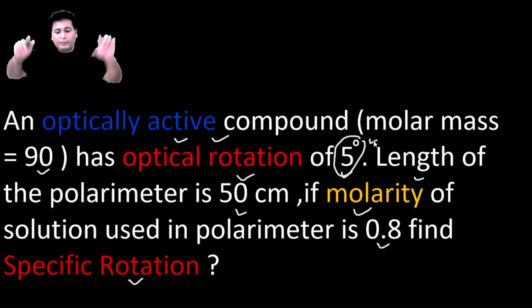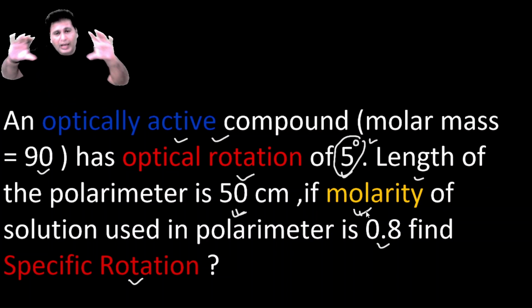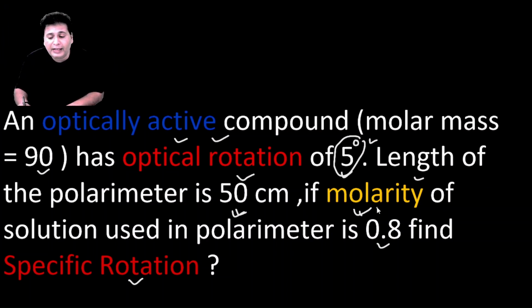The length of the polarimeter is given as 50 centimeter, and as I have already told, in the polarimeter you have to take the solution of the compound. So the molarity of the solution of that compound is given as 0.8. Now you have to tell the specific rotation.